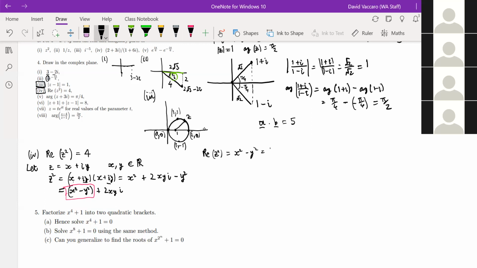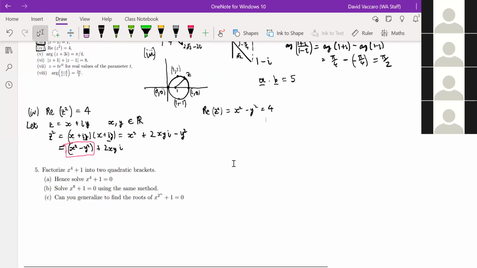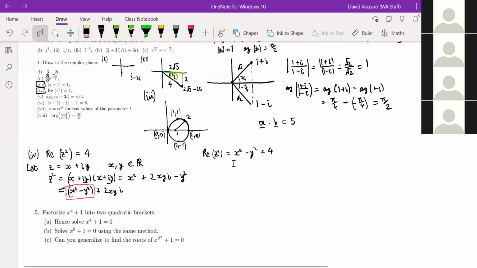Is equal to 4. Okay, so let's consider this locus, x squared minus y squared is equal to 4.